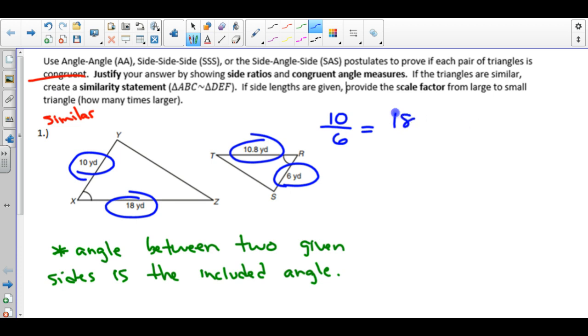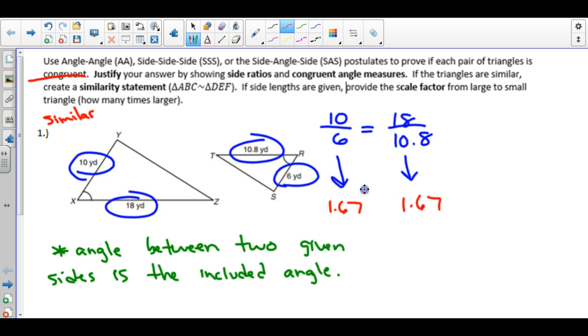So 18 divided by 10.8. And what I want to do is divide out each of these ratios. And we're going to see if the two ratios are the same, then the two triangles are going to be proportional. So this one comes out to about 1.67. And if I divide the other one, 18 divided by 10.8, I also get 1.67.